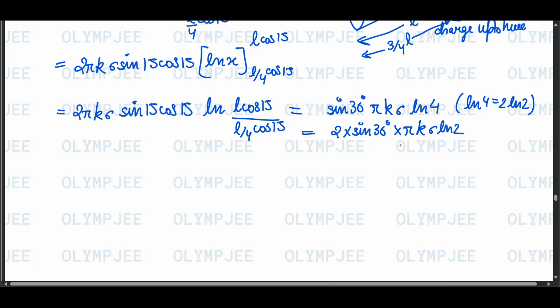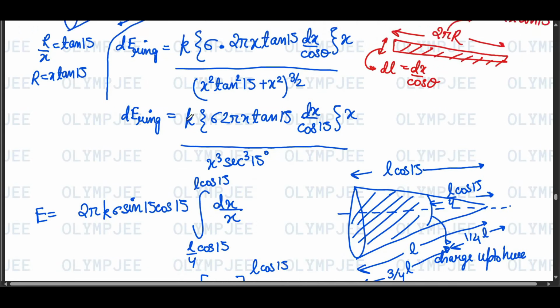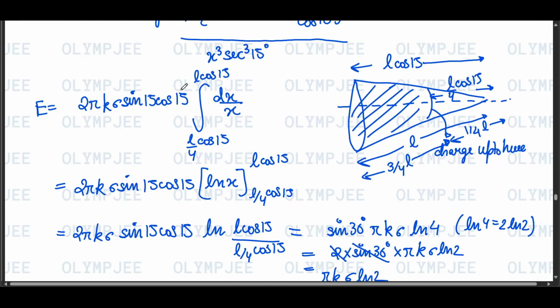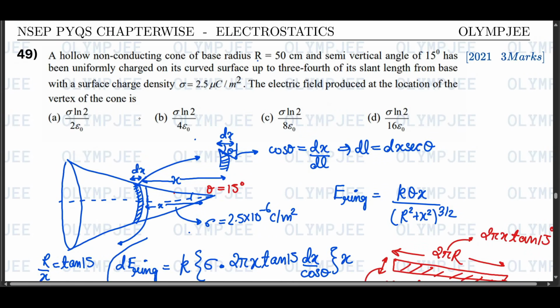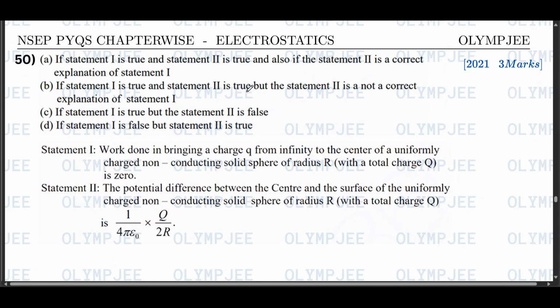I have used this property, so 2 and sine 30 will cancel because sine 30 is half, so pi k sigma ln 2, and expanding k we will get sigma ln 2 by 4 epsilon naught. So the answer is option B.